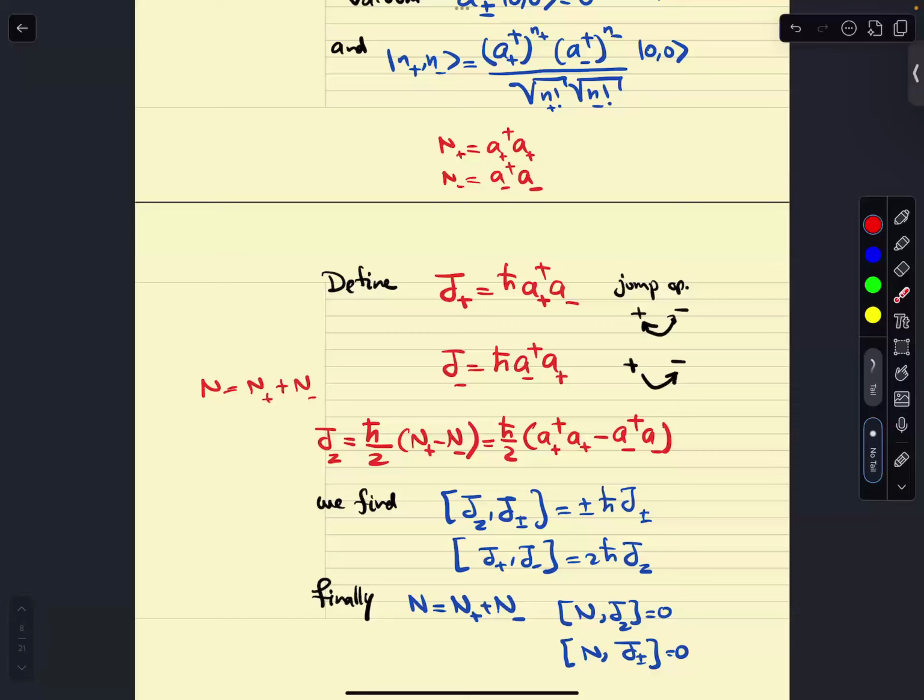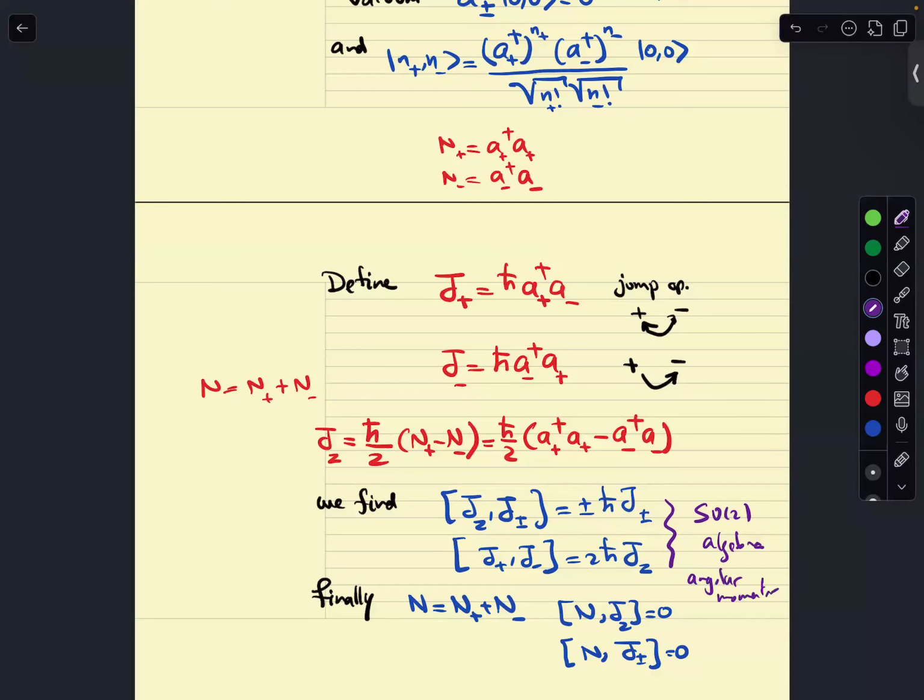Now, with these definitions, you could check explicitly that J plus, J minus and Jz satisfy this commutation relation. J plus and J minus satisfy this commutation relation. This is nothing but the SU2 algebra, or the algebra of angular momentum or spin, right? So it's the angular momentum or spin algebra.